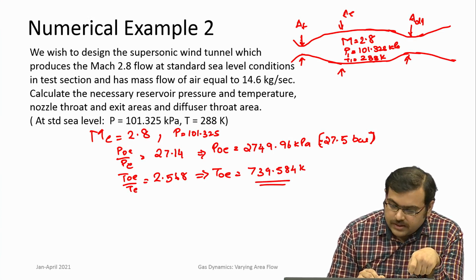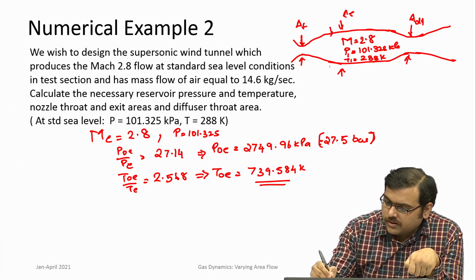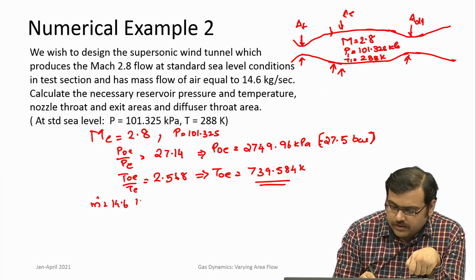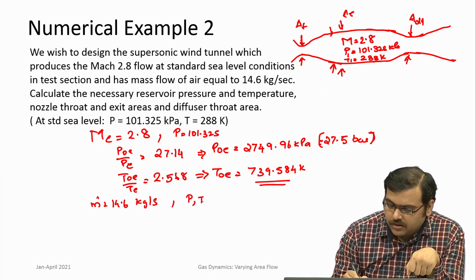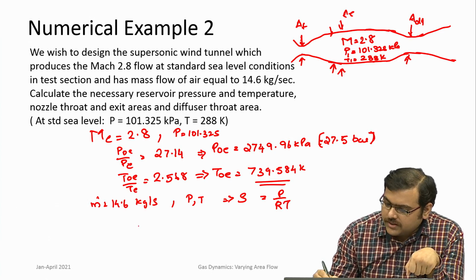So what is the area of the wind tunnel test section? That is the exit area of the nozzle. We know mass flow rate, m dot is 14.6 kilogram per second, and pressure and temperature are known. So from this you can calculate density, P by RT. Velocity should be found.